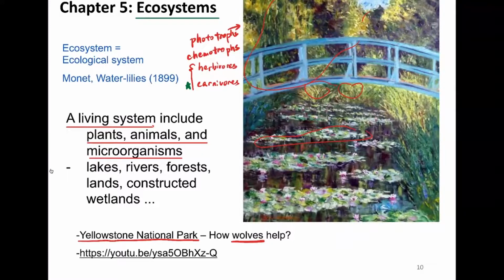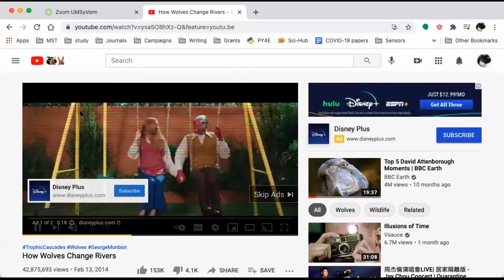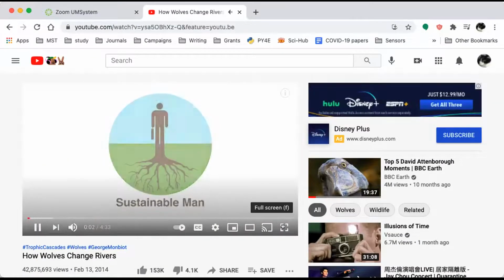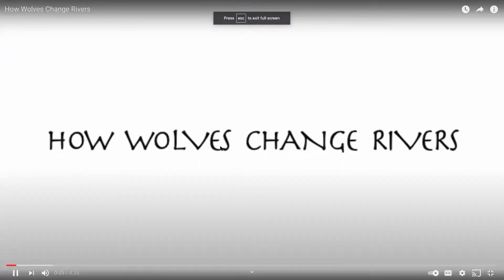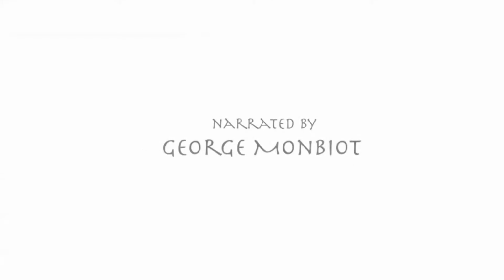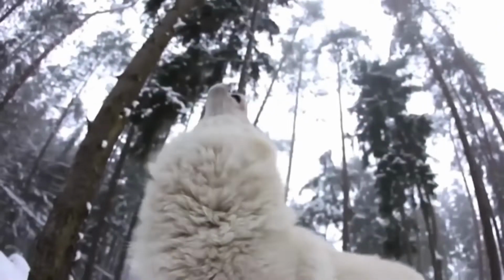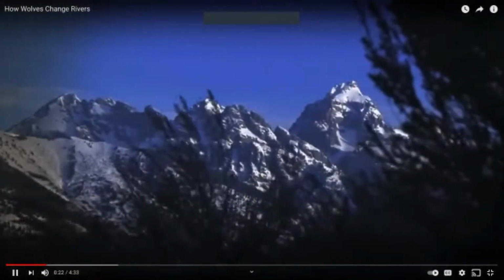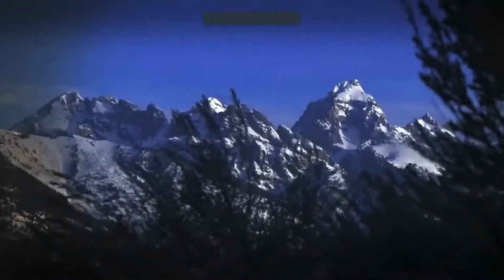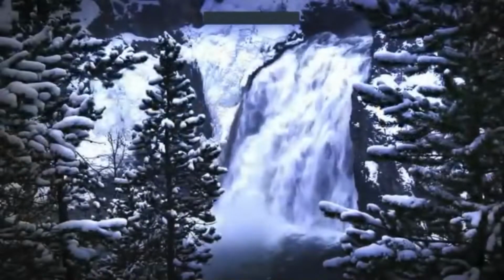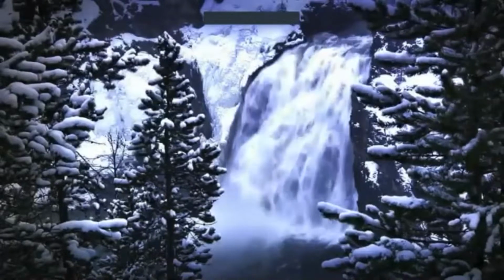This is our home. One of the most exciting scientific findings of the past half-century has been the discovery of widespread trophic cascades.